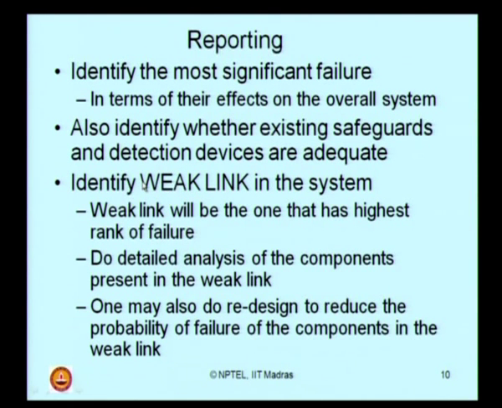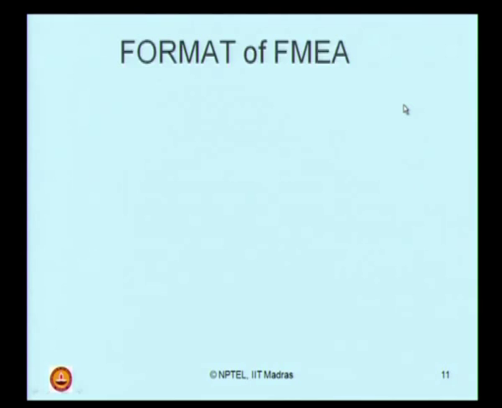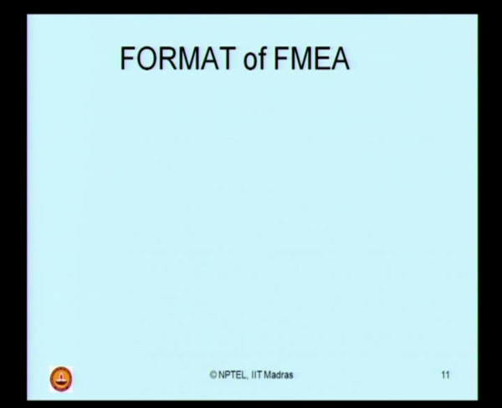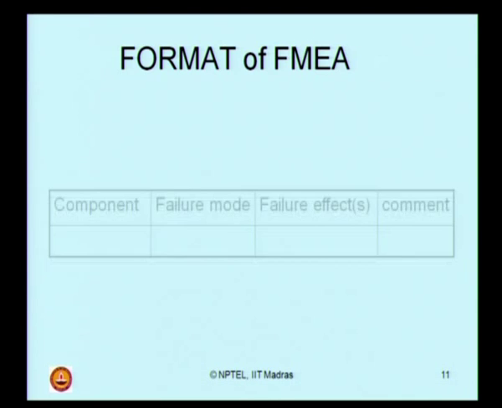If you are able to identify the weak link, then do a detailed analysis only on the weak link components, or redesign those components so that the performance level of the overall system can be increased. Now, you may wonder what format I can use to report FMEA.